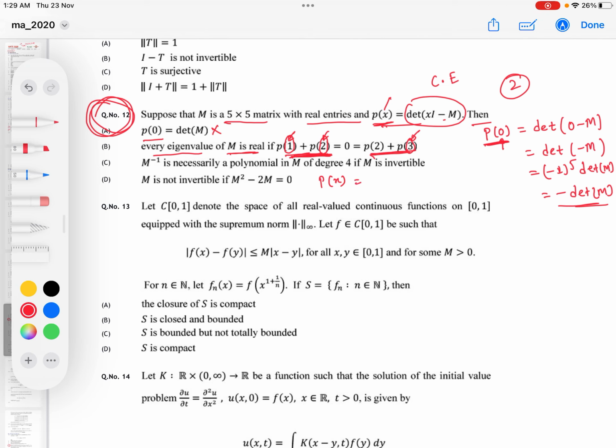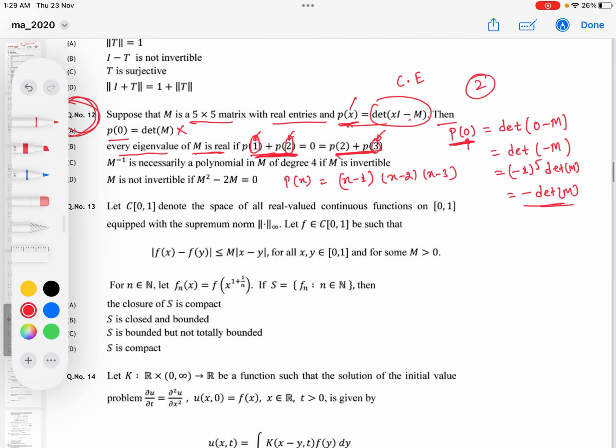Maybe we can take this kind of polynomial: x minus 1, x minus 2 and x minus 3, and we will still be left with two roots. Those two roots may be imaginary, so we can take x square plus 1.